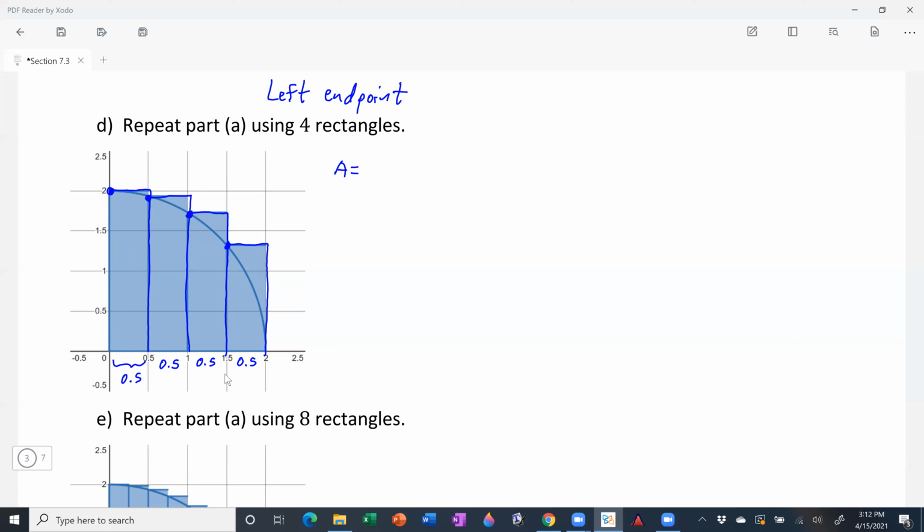So the area, each one of these is just length times width, or width times height, however you want to think of it. So each of these is now 0.5 times the function value at the left endpoint. So the first one was the function value at 0 plus another length times width, 0.5 times the function value at, okay, so the next rectangle, the second one, has a function value at the corner right there at 0.5.